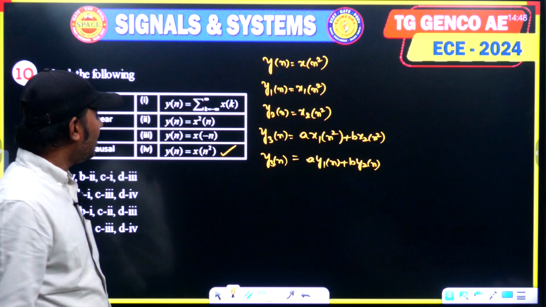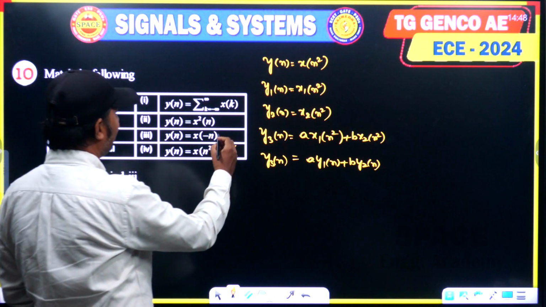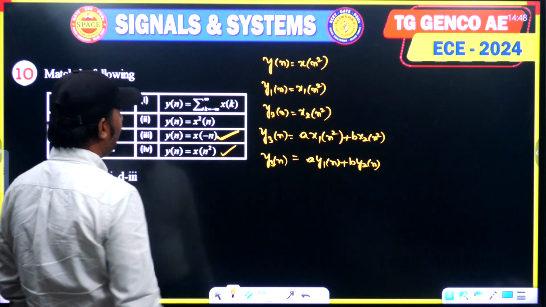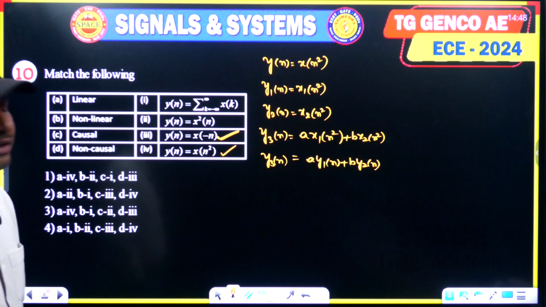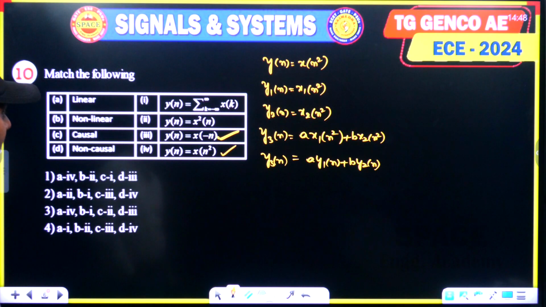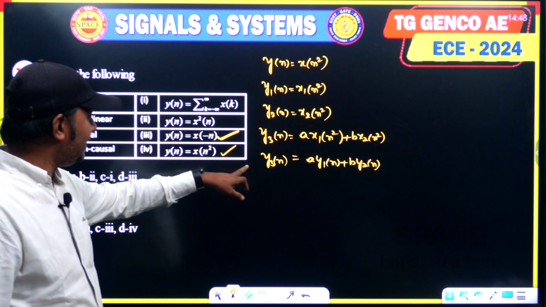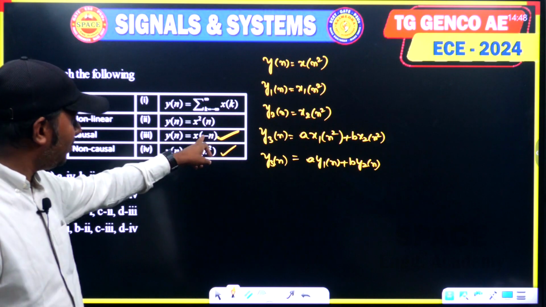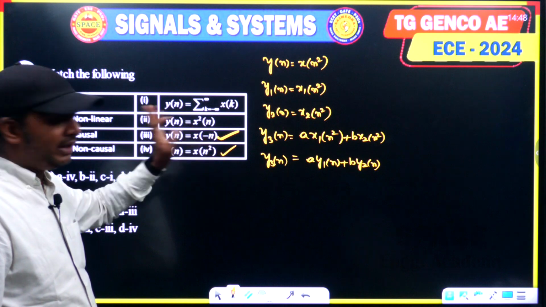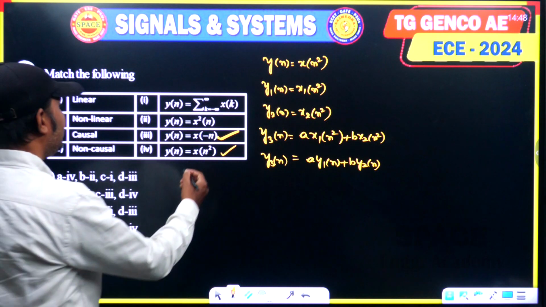But here, this one is also linear. Y of n is equal to x of minus n is also linear. You can apply the linearity, and you will get this one also to be linear, and this one is also linear.